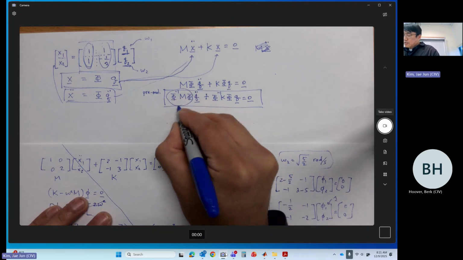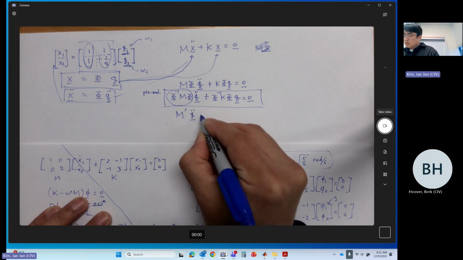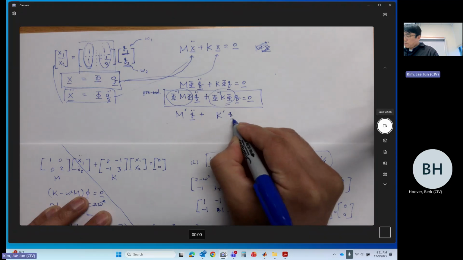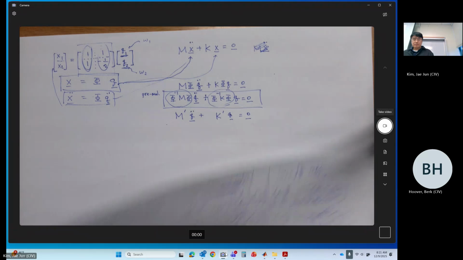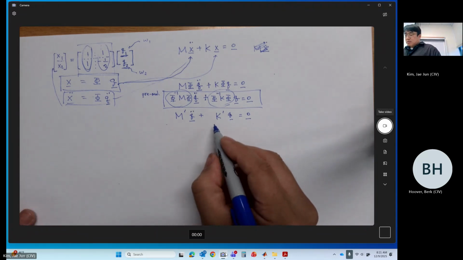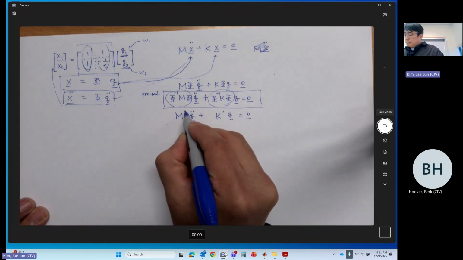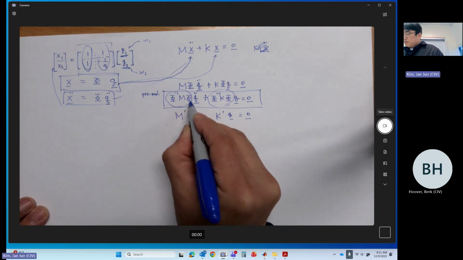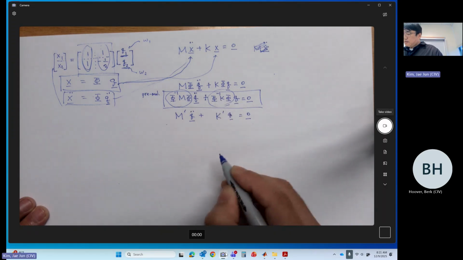And then we define this as a modal mass, M' Q double dot plus K' Q is equal to 0, where M prime, which is the modal mass, is P inverse M phi, and modal stiffness is phi inverse K phi.